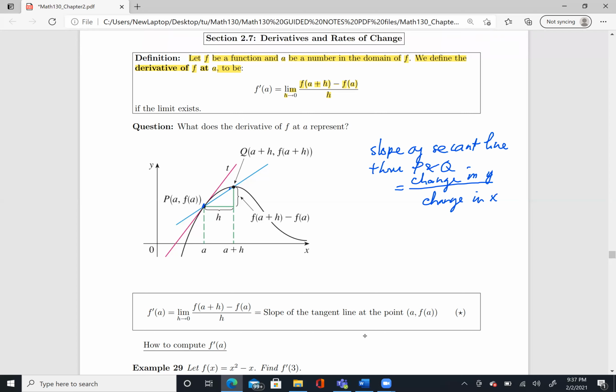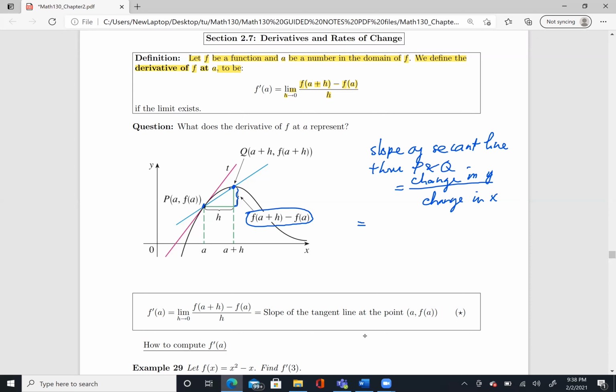So what is the change in y? The change in y is from here to here, which is f of a plus h minus f of a.